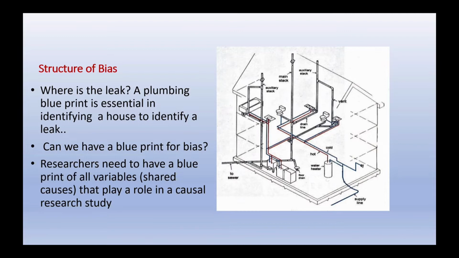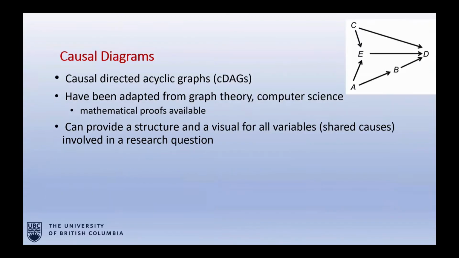And this is very similar to a leak in a house, where a blueprint of the piping can help a plumber actually pinpoint where the leak is. And so using causal diagrams, we can do a similar approach where we can pinpoint where these biases are so we can better control for them.